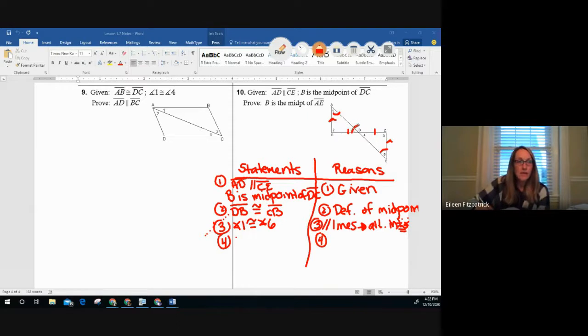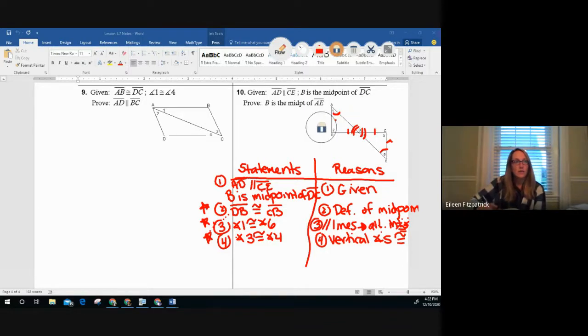Now I'm going to use my vertical angles because I didn't do the proof above using the vertical angles, so I want to show you using vertical angles. So angle 3 is congruent to angle 4, and that's because vertical angles are congruent. And now I have my 3 congruency statements, my 3 stars, and it looks like the triangles are congruent.